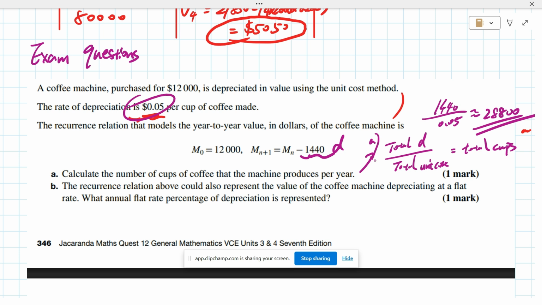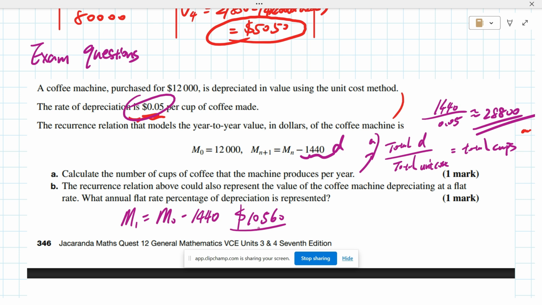And then we use the recurrence relation to find the coffee machine depreciating at a flat rate. What's the annual flat rate percentage of the depreciation? So we use M1 equals M0 minus 1,440, which is 10,560. Why do we need this?